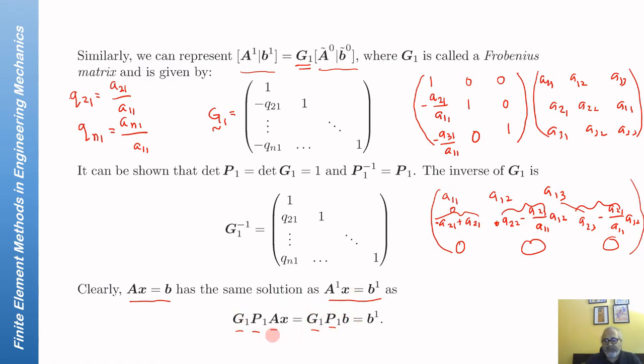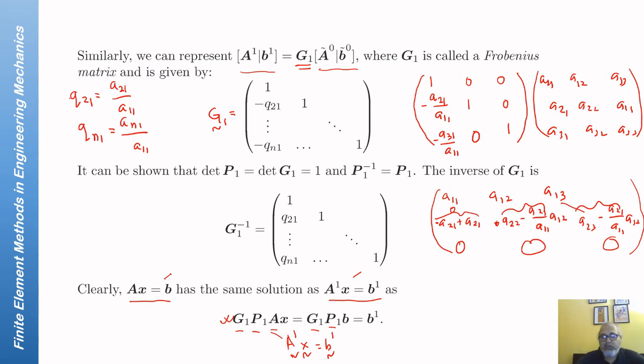So this is basically the same system as A1x equal to B1. So if you take this system multiplied by G1 P1 on both sides, you get this, but that is the same as A1x equal to B1, which clearly shows that this system and this system are actually the same and they have the same solution.